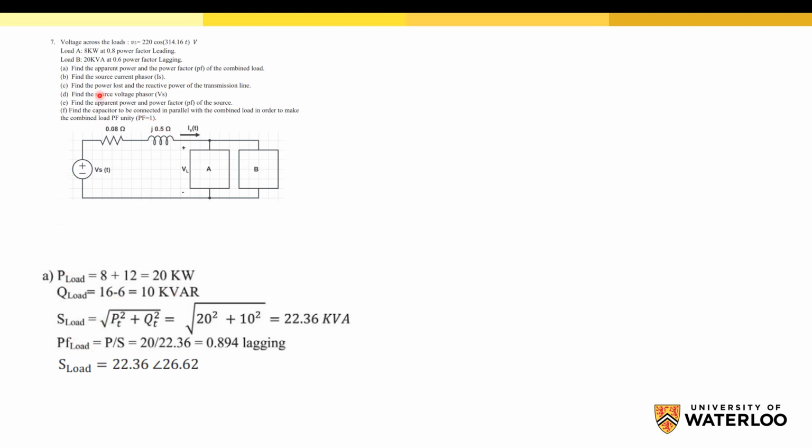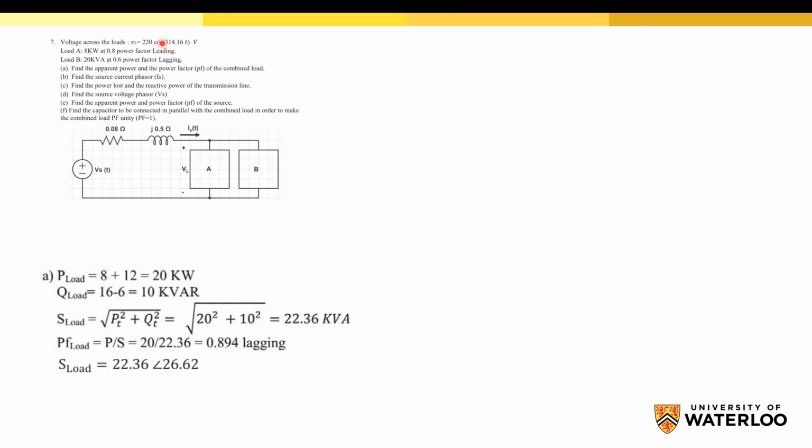For part B, we need to calculate the source current. Remember, the voltage across these two loads is given. So we can use the equation S equals V I conjugate because the voltage is given. I believe this is a mistake, so it should be 220 and angle 0.